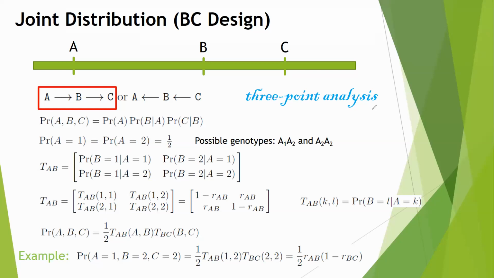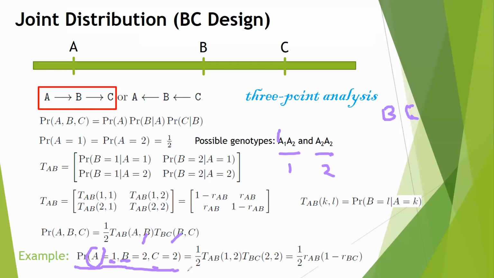Suppose from a backcross design, remember we're still dealing with this simple experimental design, right? For each locus we have two possible genotypes, 1 or 2. If you get a single progeny from your backcross experiment, and you see the genotype for this progeny is like this: for the A locus you see the first genotype, for the B locus you see the second, and for C you see the second.